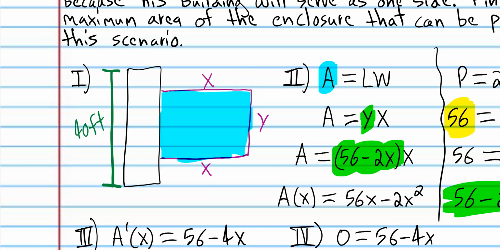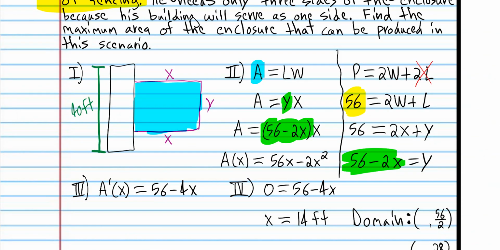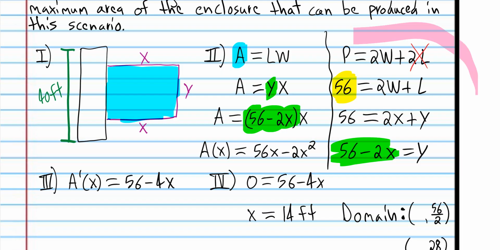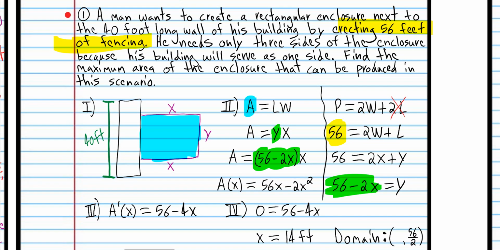Now think about this. If y is 40, then what would x be? The total length of the fence is 56 feet. So if y is 40, that means you have 56 minus 40 feet left, right? And you have to divide that leftover part that's for x by 2, because there are 2 sides to the fence.